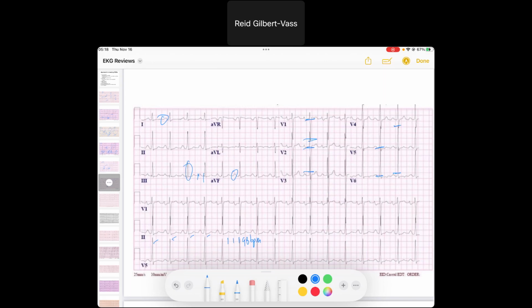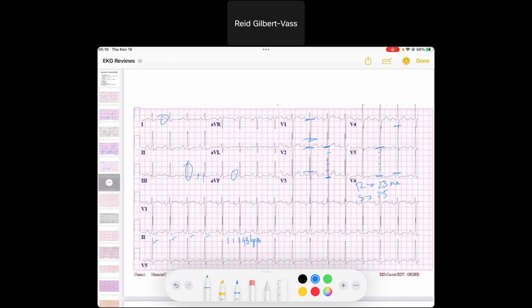And so I'm going to count. I'm going to say 5, 10, 15, 20, maybe 23 millimeters is our R wave in V6. And I'm going to add that to our S wave, which I'm going to say maybe ends there, starts there in V2, and 5, 10, 15, 20, maybe 25.